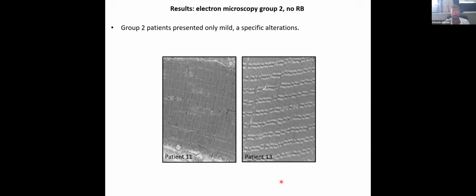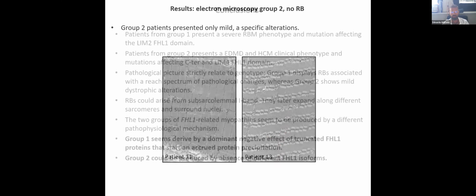And what was really interesting is that in no case did we identify any reducing body. The only alteration that we found was a mild disruption with small sliding of the Z line and thinning of the myofibrils, which we consider non-specific.